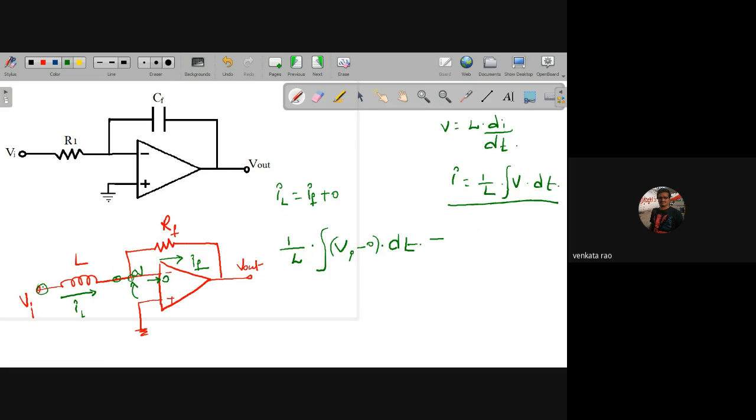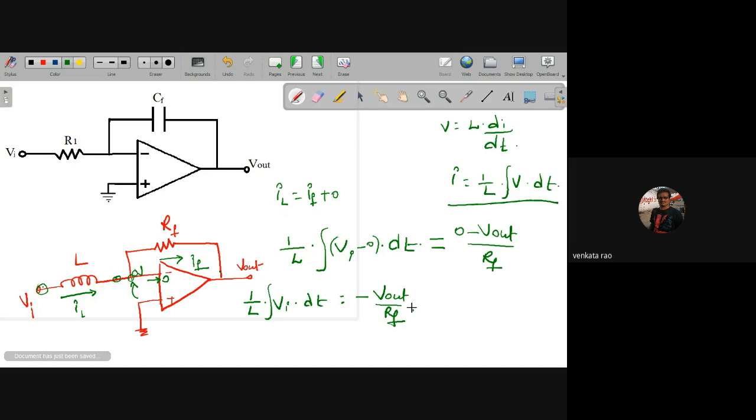IL is equal to IF, and IF is equal to 0 minus V output by RF. So 1 by L into integral Vi dt is equal to minus V output by RF.